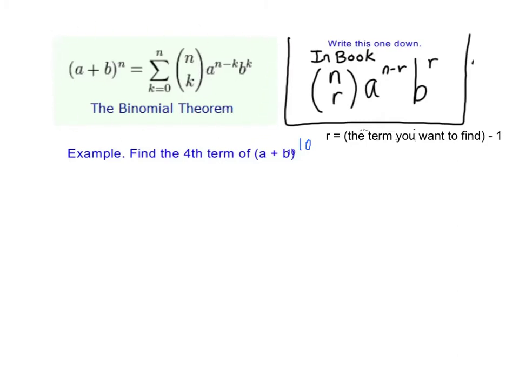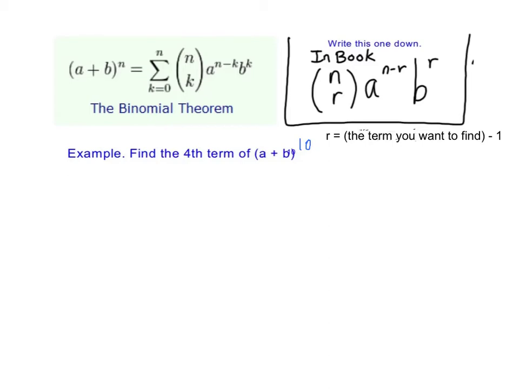Because the binomial theorem is a series, you notice that all the terms had a plus between them. So they're a series that can be written with the summation. So the sum from 0 to n, the coefficient is found by the combination n to k, and then the first term would be a to the n minus k and b to the k. And so this is a general binomial formula.